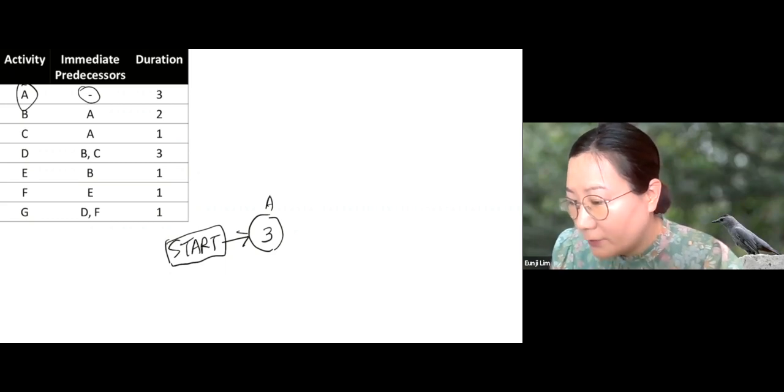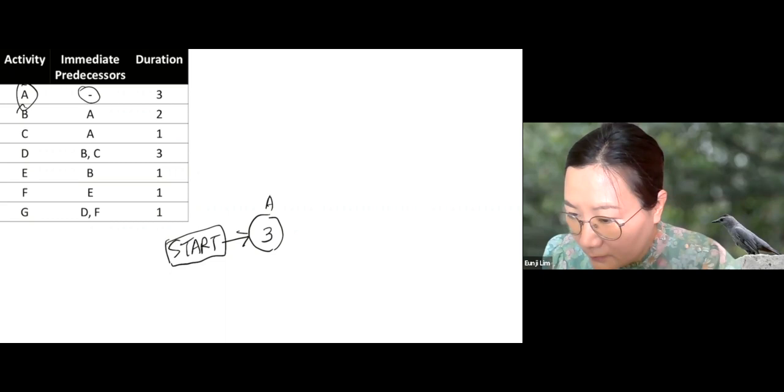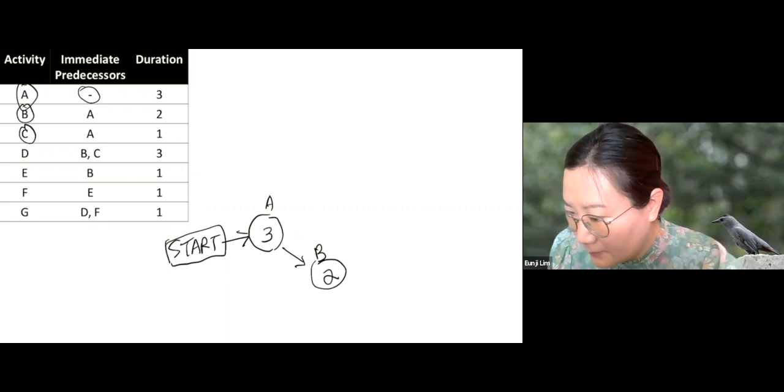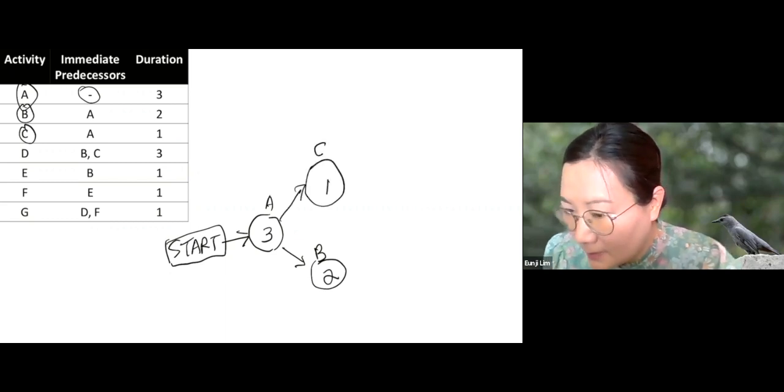Now, after we finish A, what activities can we start working on? B and C. So B takes 2 months. C takes 1 month.